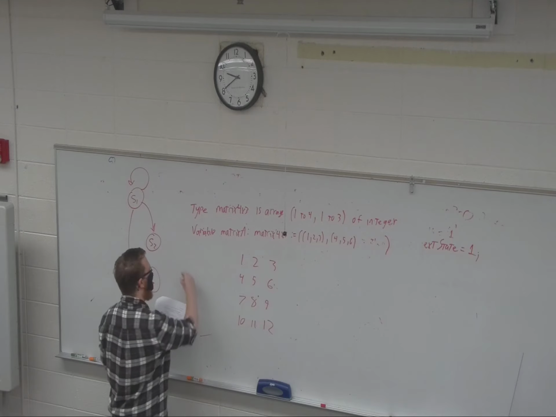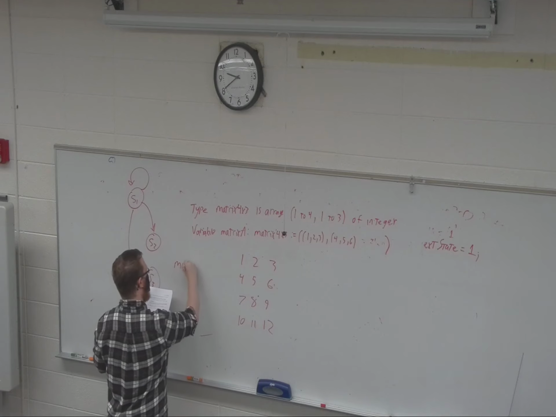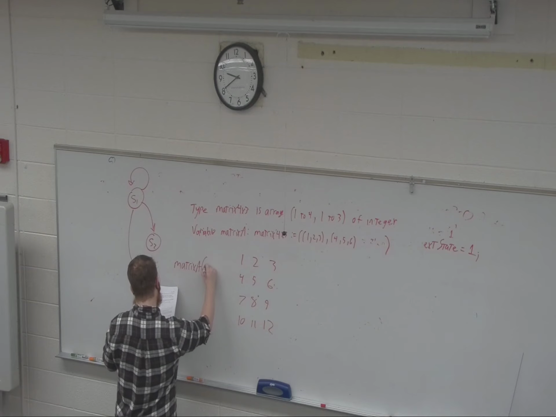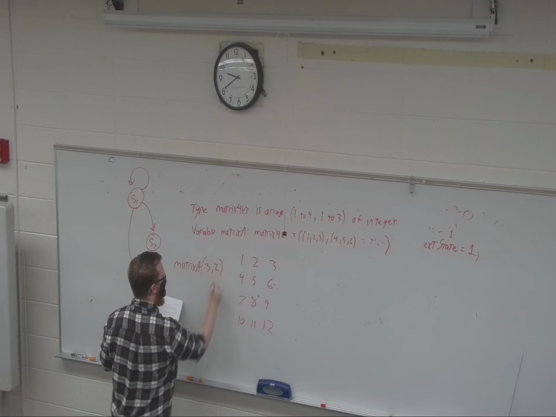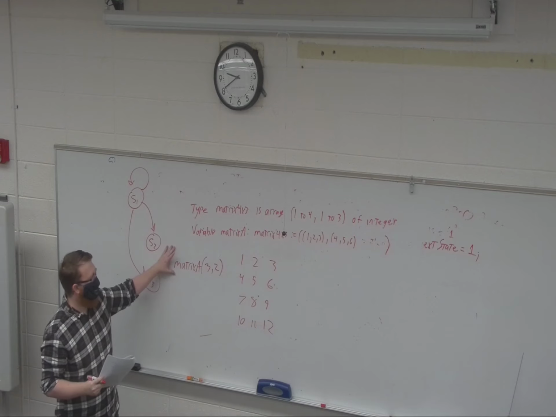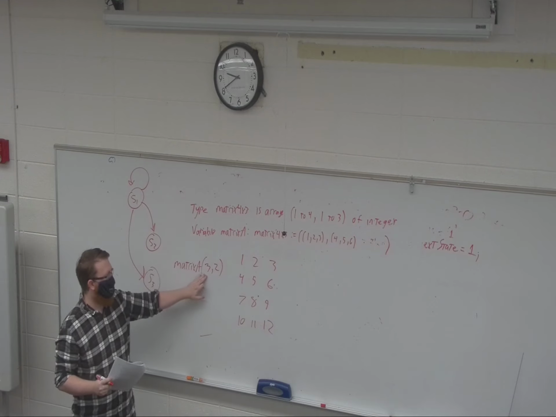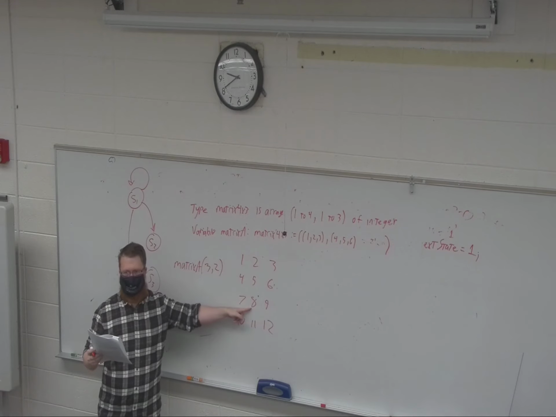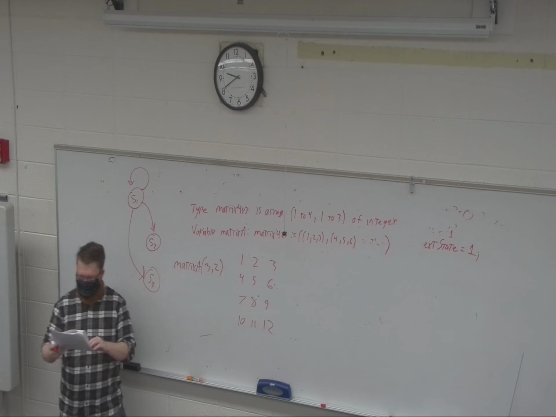And you can go pick out a matrix element, just like you would in MATLAB, where you'd go, I want element 3, 2. That's how it accesses individual elements of that array.